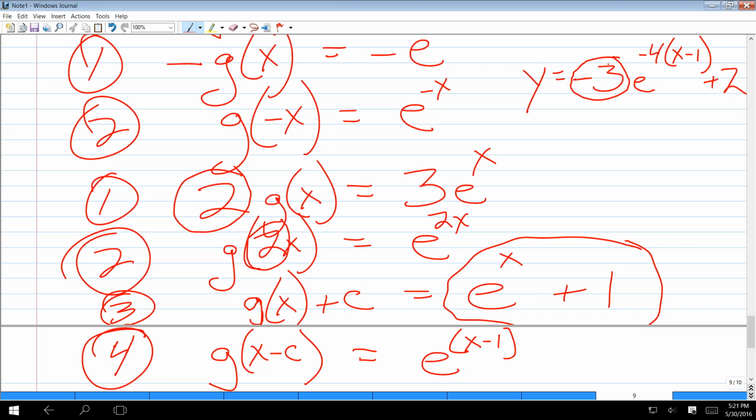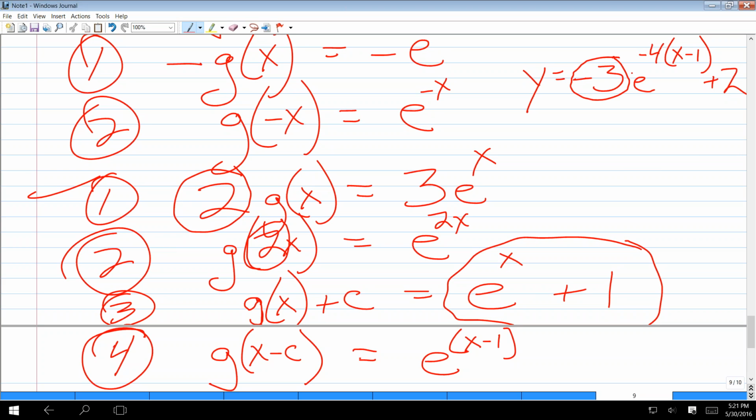That's a stretch, because it's this case right here. The 3 is in front of the function. It's not part of it. I'm not taking 3x. I'm not taking 3 times e to the x or e to the 3x. In other words, if the number is in front of the function, it's a vertical stretch or shrink factor.